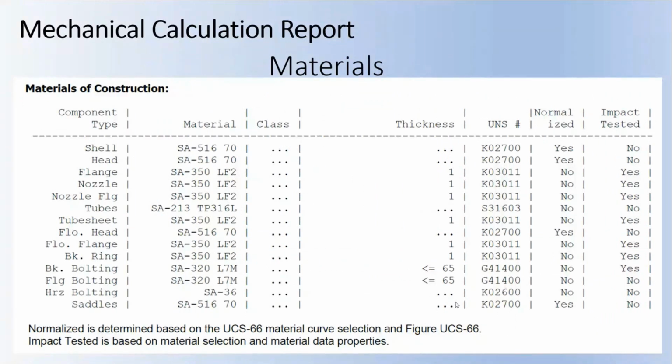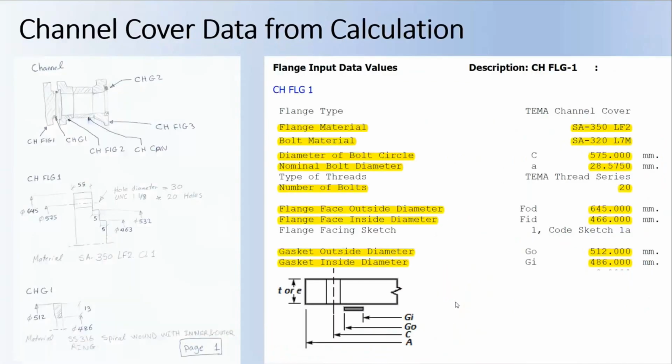Here a list for the materials that are used on this model, like for blades, it's SA 516 grade 70 with a normal condition. And how we can extract the data for each element from the mechanical report.